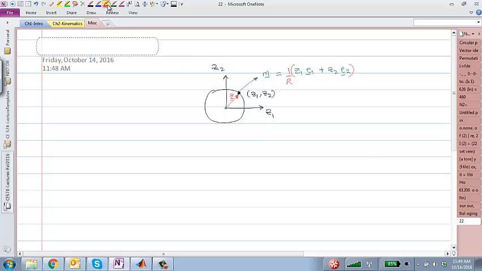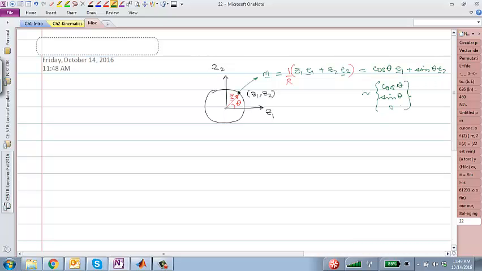So it would always be pointing in the radial direction, just divided by the radius. If I label this angle as theta, then M is equal to cosine theta E1 plus sine theta E2, represented as cosine theta, sine theta, and 0.